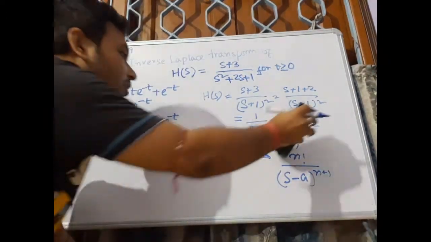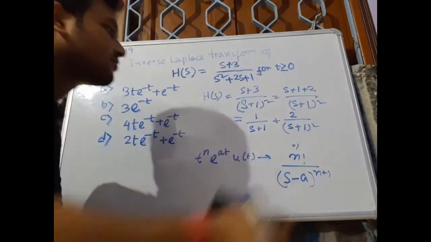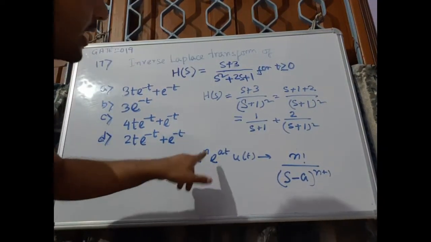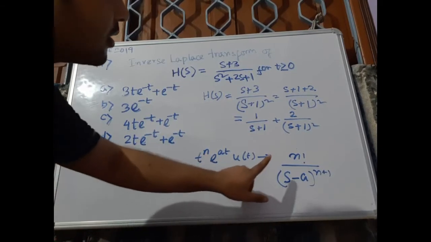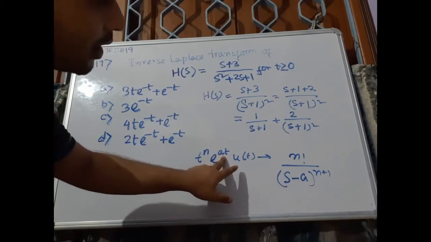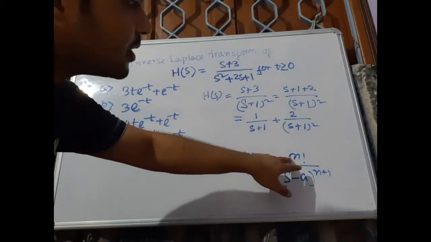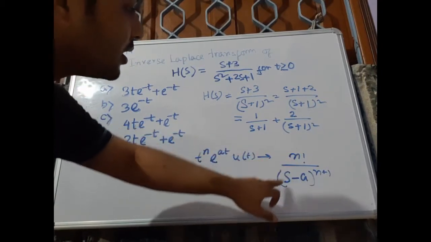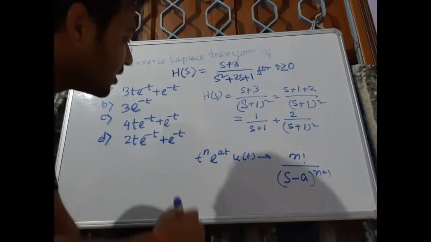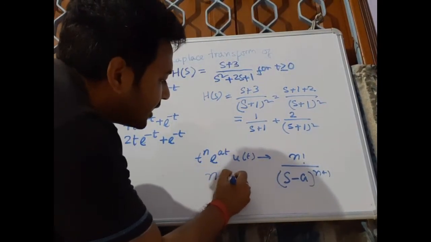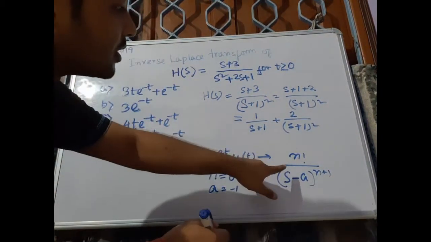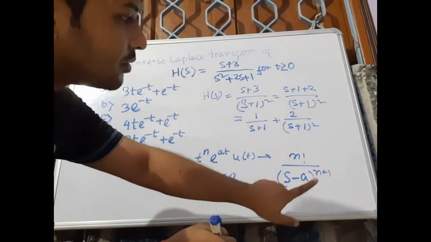Okay, now you see that if you put n equals 0 and a equals minus 1, then this will be 0 factorial, meaning 1, divided by s plus 1, right?